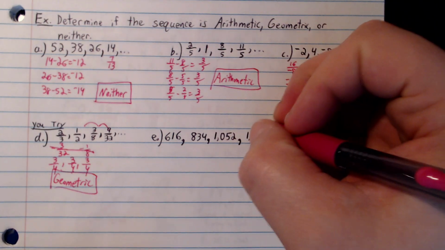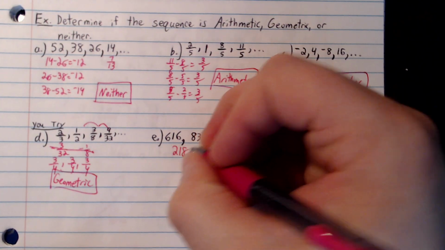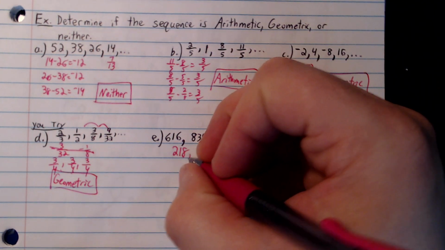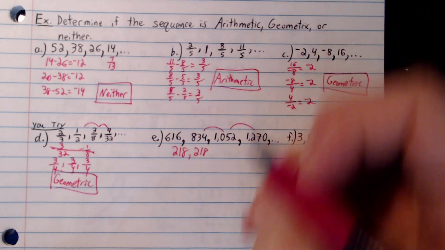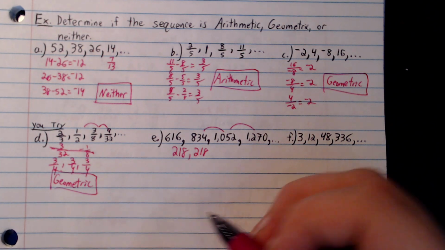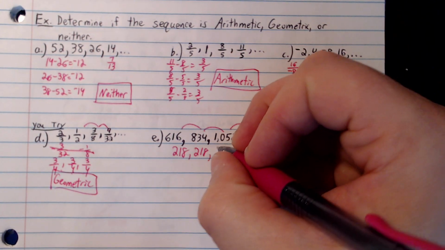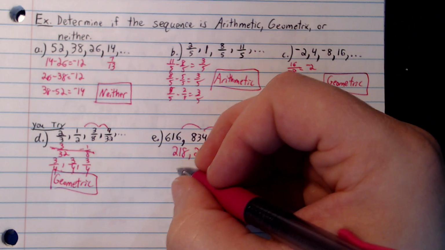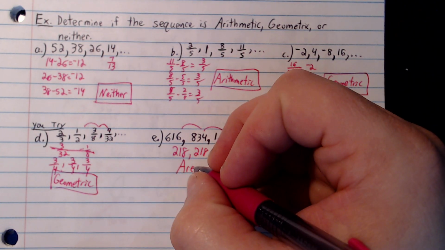I got 218. 1052 minus 834. 218 again. Oops. 834 minus 616. So in between each of these numbers, we got 218. That's a common difference. That means it's arithmetic.